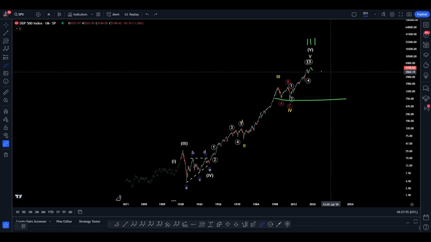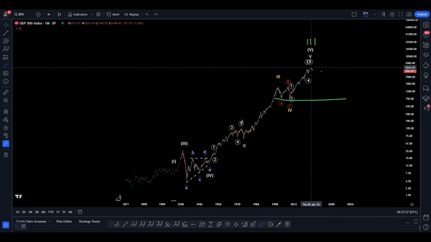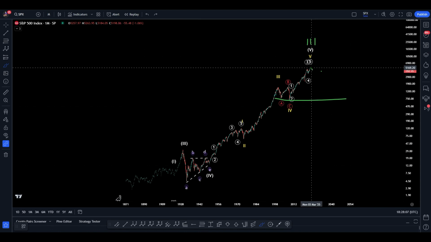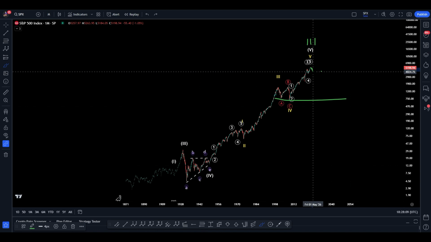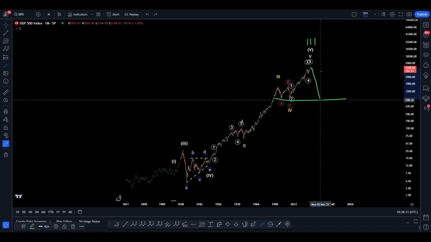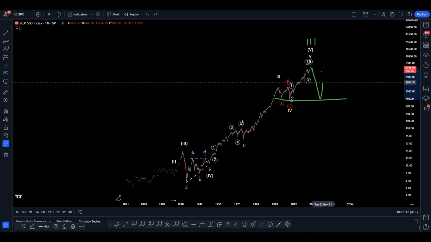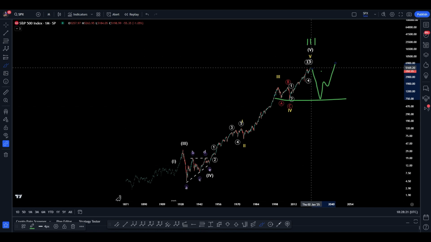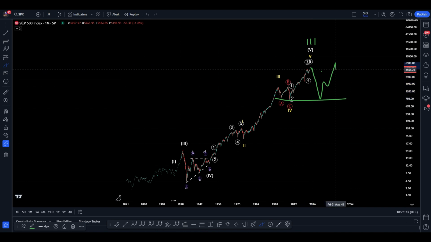So next best bet would probably be a running triangle, which means that your A wave would come down likely first all the way to here. Then you'd get a just magnificent 3-wave bull run to create new all-time highs. And then it would contract over several years, C, D, E, and then you're off again, and another 5th wave.